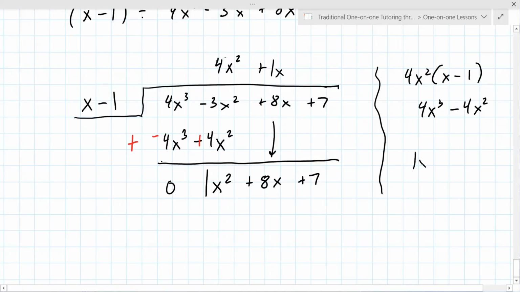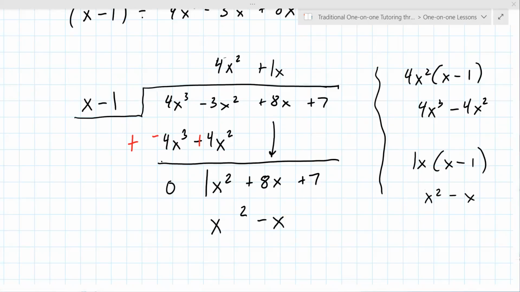So again, off to the side, here's what you're doing. 1x times x minus 1 is x squared minus x. Okay, and again, you have a choice here. Do you change the sign or not? It's up to you. Just not, I guess, to make it a little bit easier.